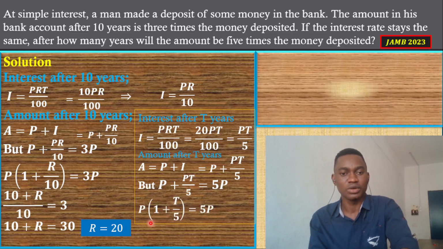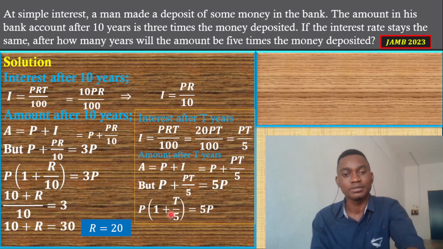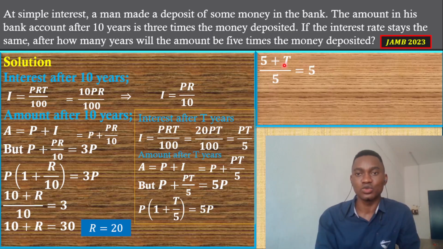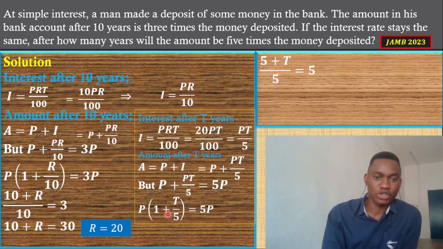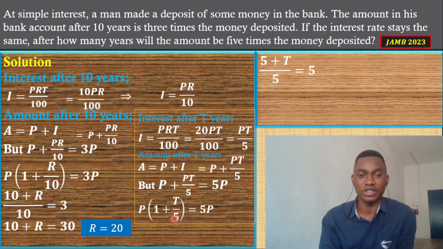Now P is going to cancel P, so we just find the LCM of the expression in the bracket. Then we are left with 5 plus T all over 5 equals 5. How did we get 5 plus T over 5? Looking at the expression in the bracket, you see that the LCM of 1 and 5 is 5.